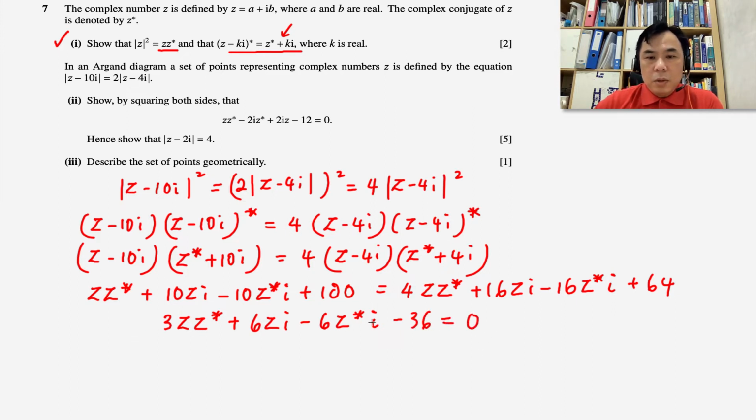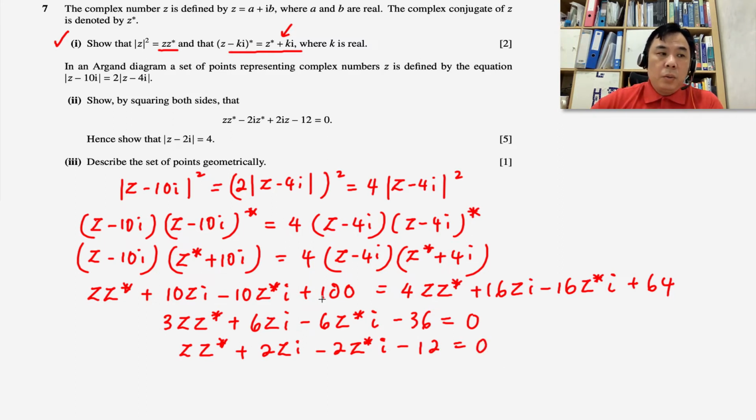And then simplifying everything here by 3. And then I'm going to check whether I got the right answer. Okay, if I want to get exactly the same, I might want to do a bit of rearrangement. Actually, this is already considered as a correct answer.